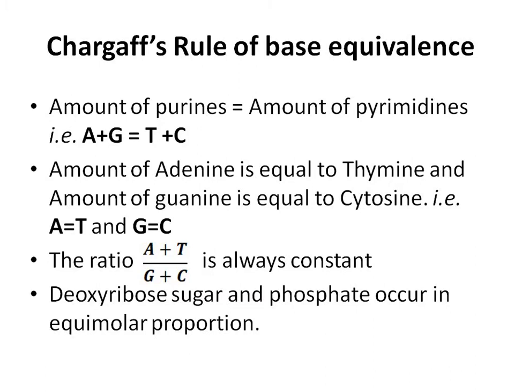It is because of this result he could suggest that adenine always pairs with thymine and guanine always pairs with the cytosine. And this ratio, that is the amount of adenine and thymine to the amount of guanine and cytosine, is always constant for a particular species. And the deoxyribose sugar and phosphate, they occur in equimolar proportions.